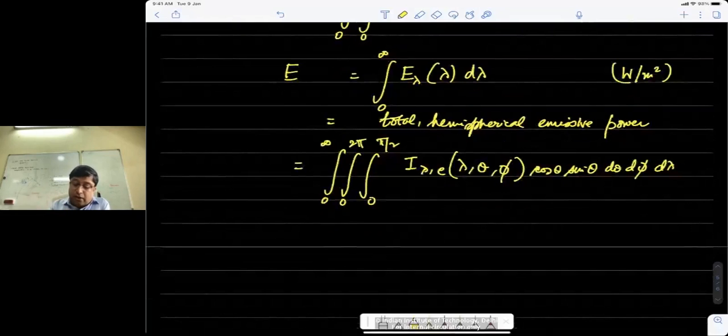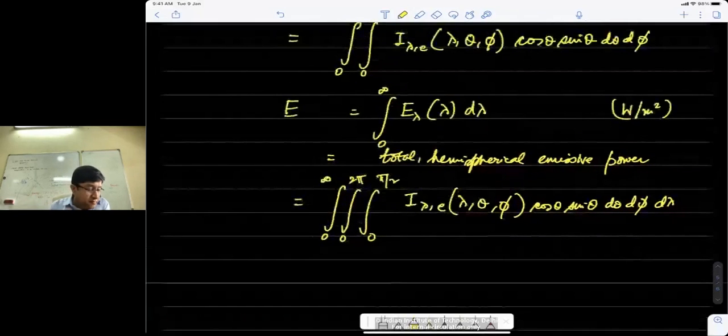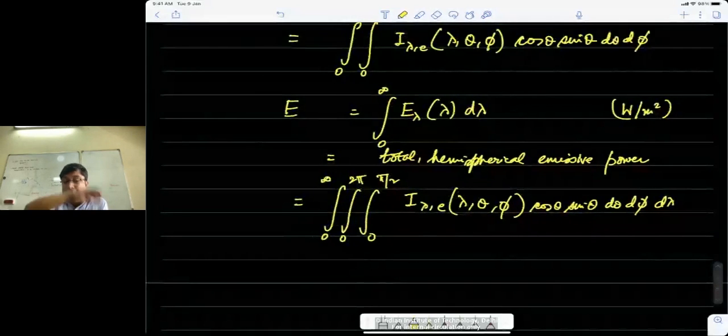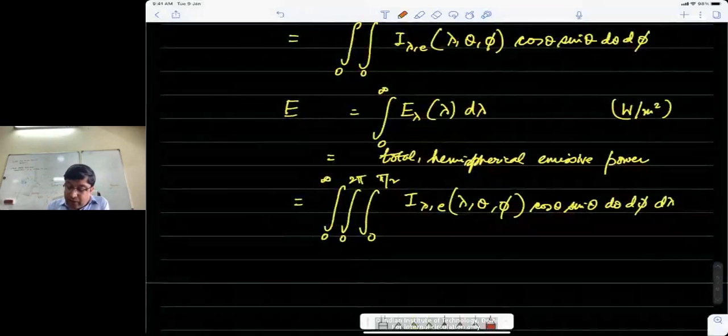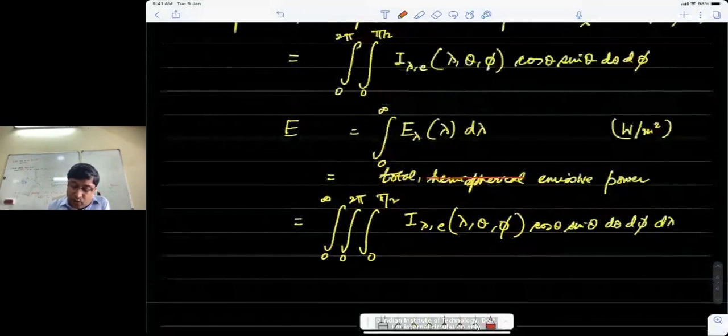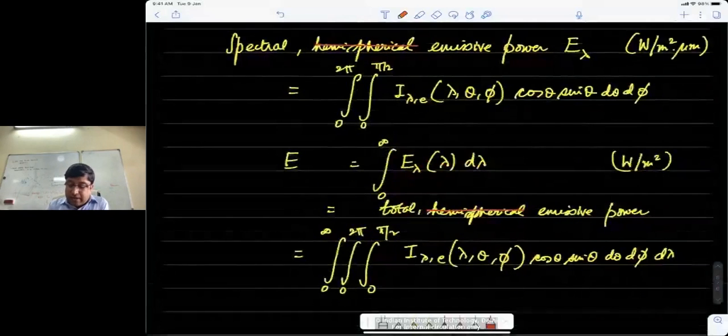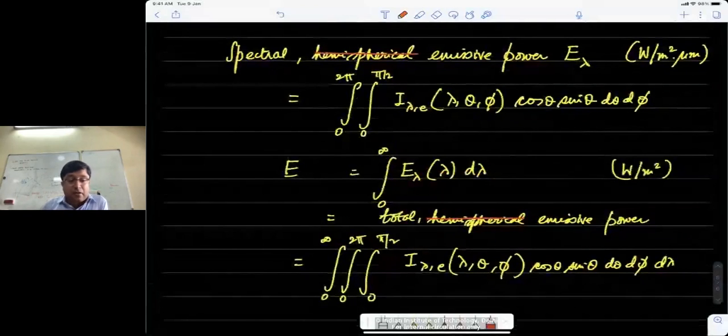Now, because we're dealing with total quantities, and when we deal with emissive power we know that we're dealing with the hemisphere itself, frequently you may see, in fact even in your own book, this term hemispherical dropped from these quantities. They will just say spectral emissive power, or just total emissive power.